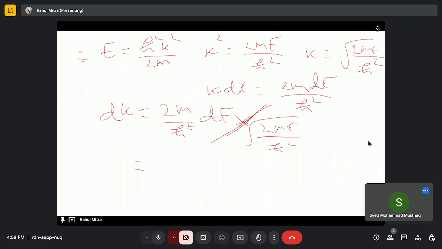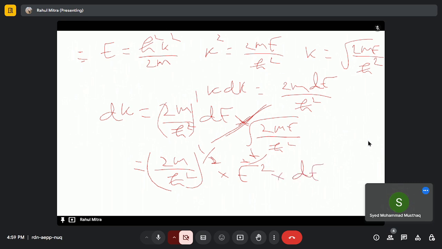Now this will be equal to, and because we have 1 here, so (2m/ħ²)^(1/2) and E^(-1/2) times dE. So this is what it is.